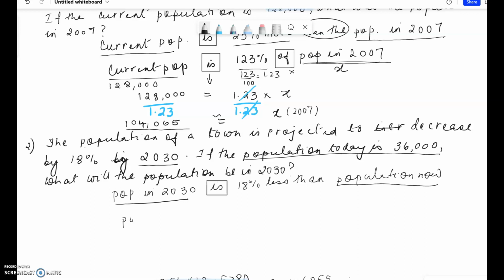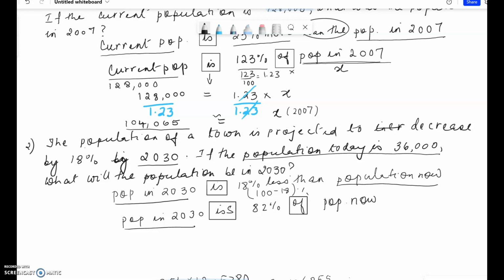So population in 2030 is 18% less, which would mean 82% off. So how did we get that? It's 100 minus 18%. So it's 82% of the population now.